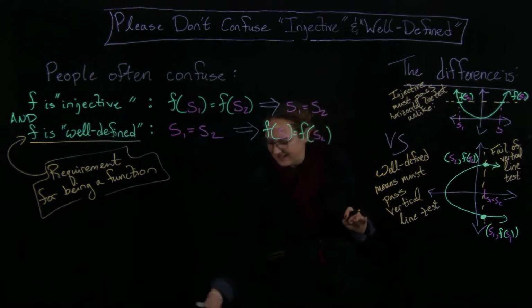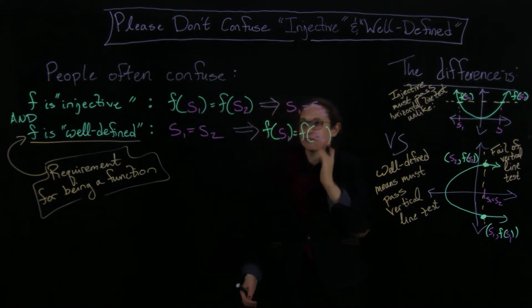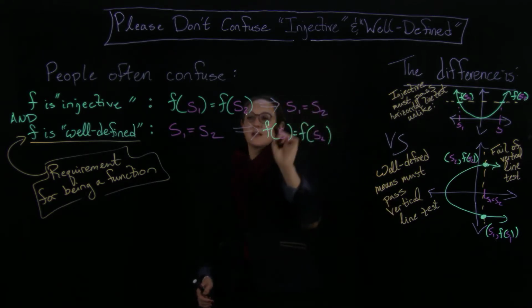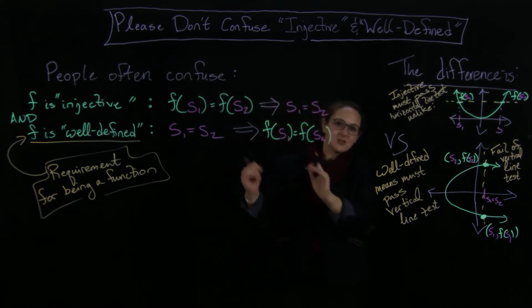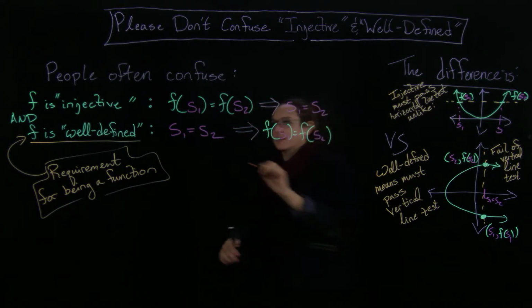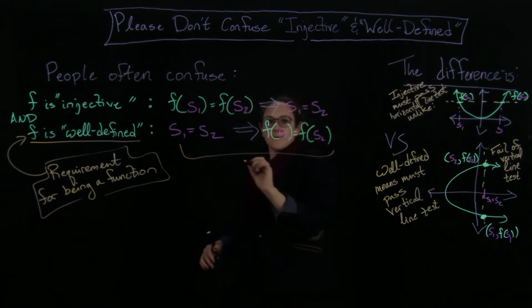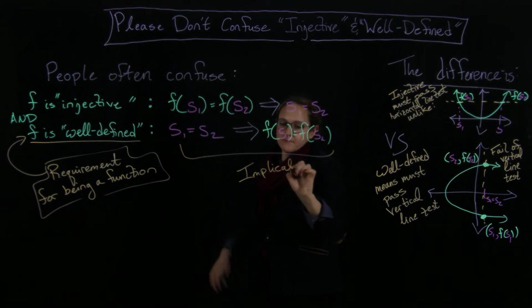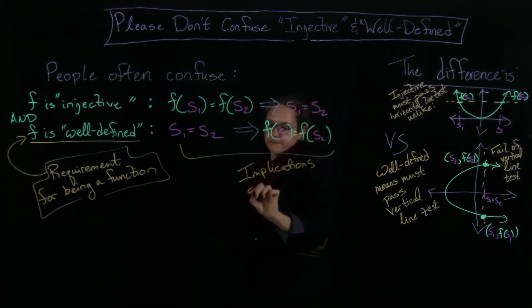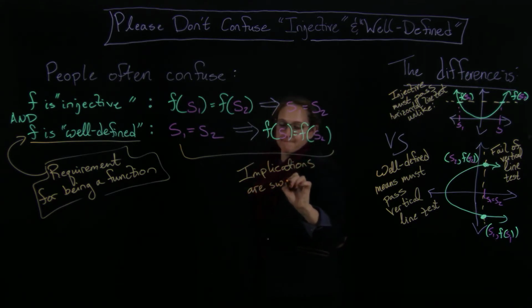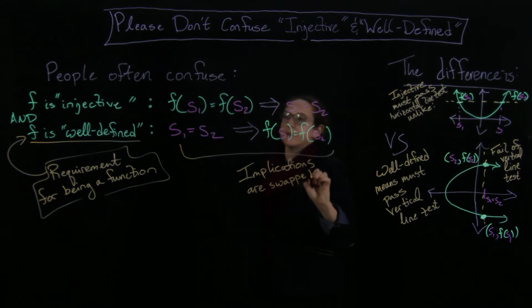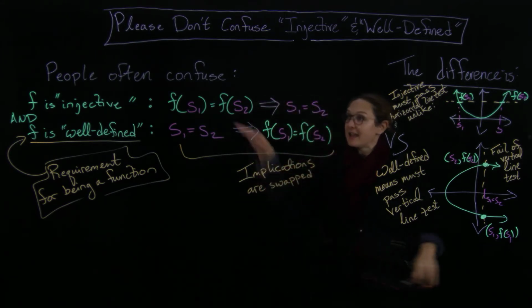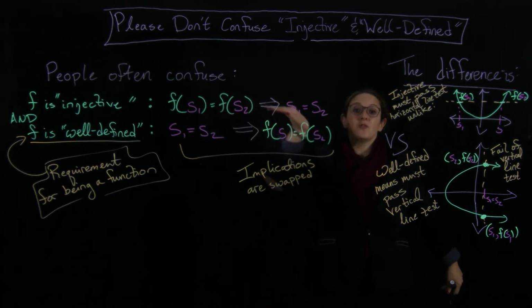But this is precisely where students get confused, I think: the implications are swapped. In the first case, we're saying that if F of S1 equals F of S2, then S1 equals S2.